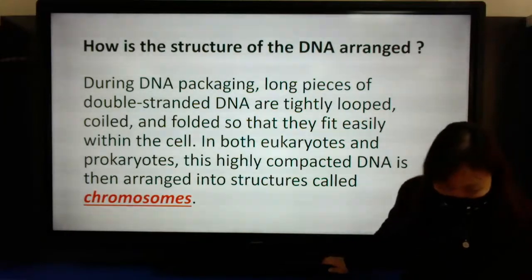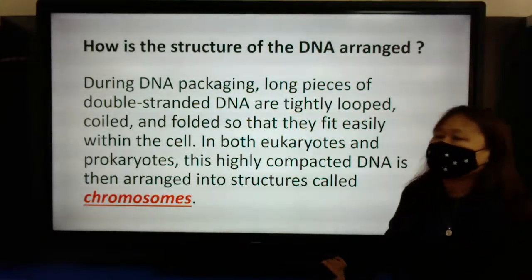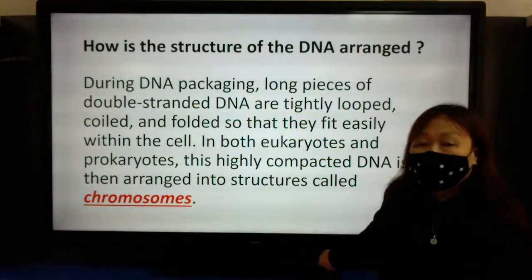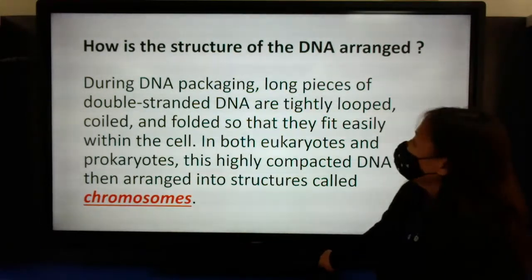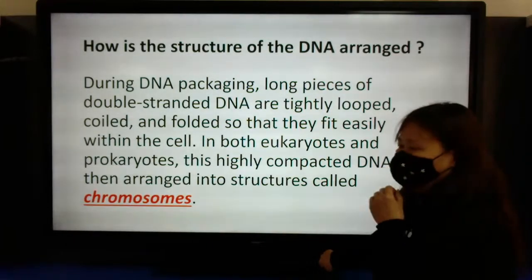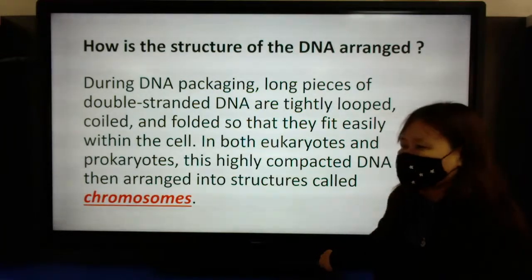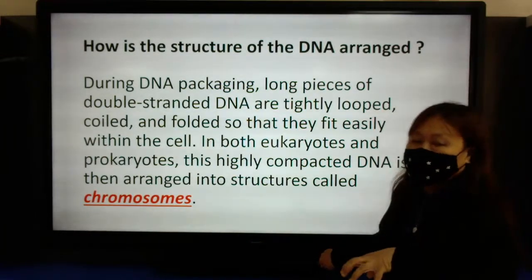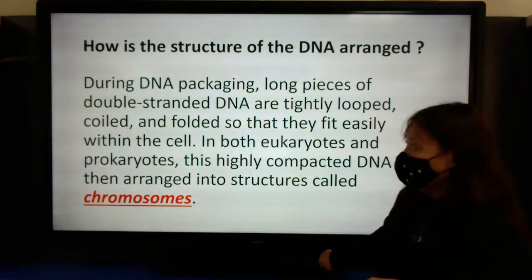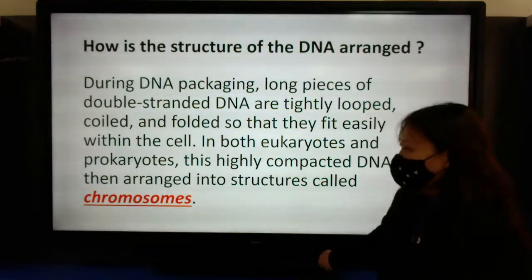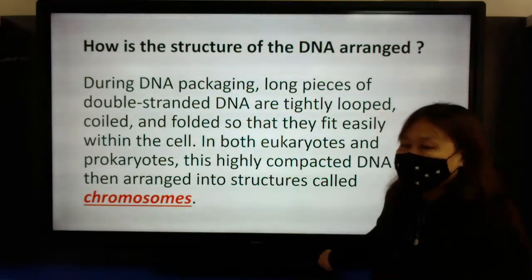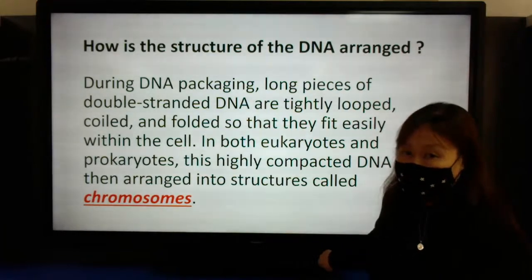Okay, now this one is a brief review of our lesson from the very beginning about the chromosomes. Now, how are the double-stranded DNA molecules arranged? If you remember the structure of the cell, we have the nucleus where we can find the DNA molecules. Okay? Now, take note that the DNA molecule is a macromolecule, meaning it is big.